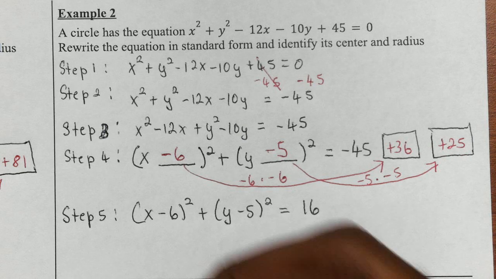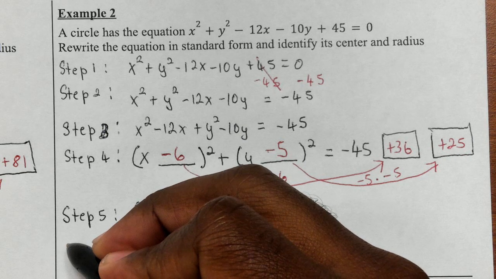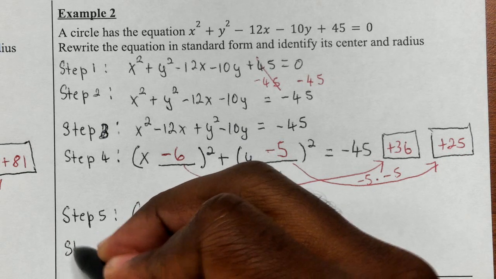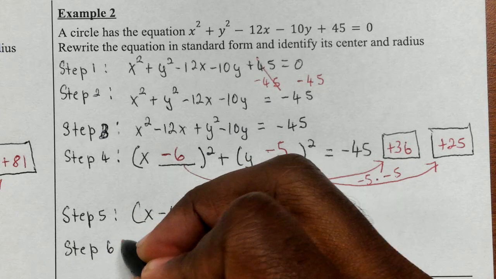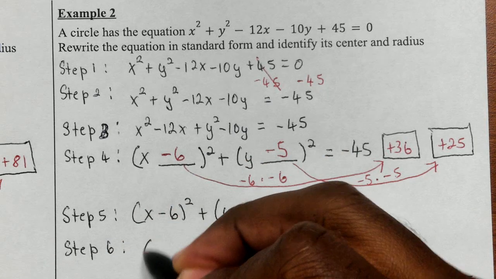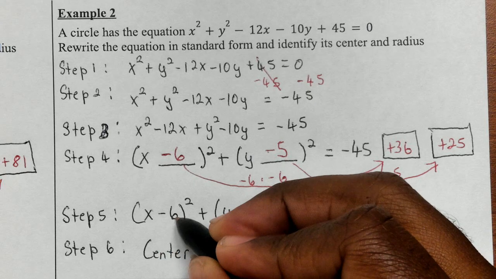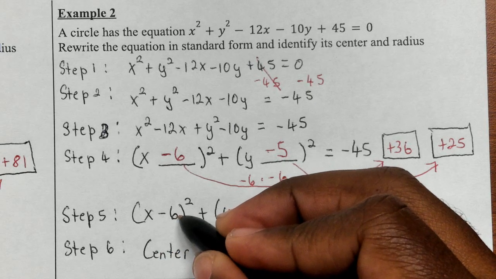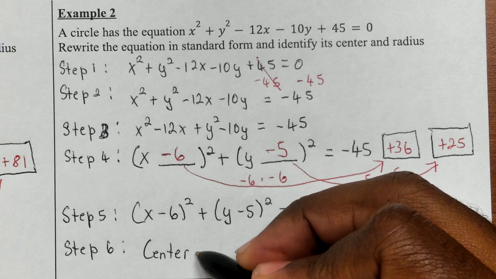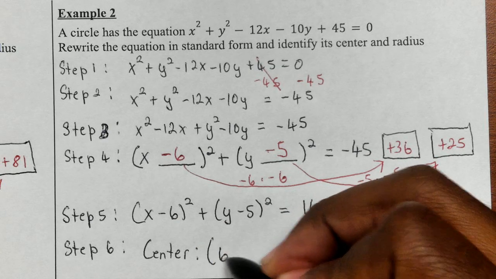So now I can identify what my center and radius are. My center would be the opposite of the value inside the parentheses, which technically represents the h. So if I do the opposite of that, I get a positive 6.